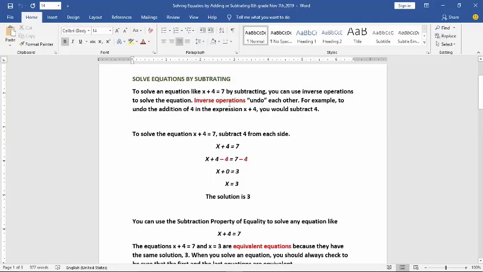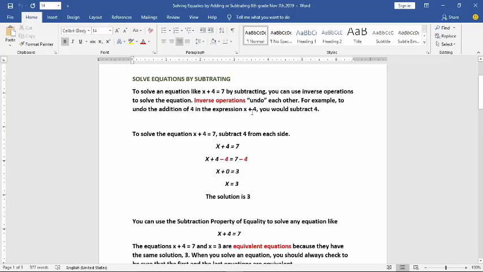When you use inverse operations, you undo each other. For example, to undo the addition of 4 in the expression x plus 4, you would subtract 4. In this case, you inverse the operation.